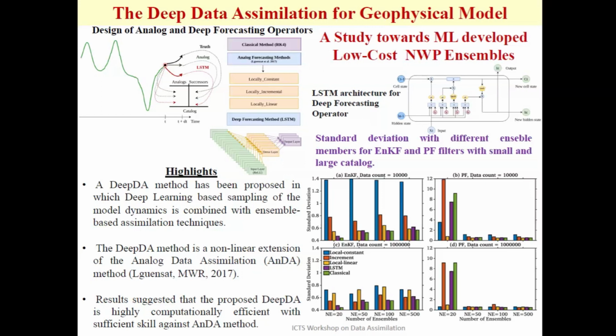In place of using huge computational resources, within a very short time we can generate model ensembles. One of the problems we face is how to make our ensembles larger and larger. That can maybe be resolved using this type of framework.